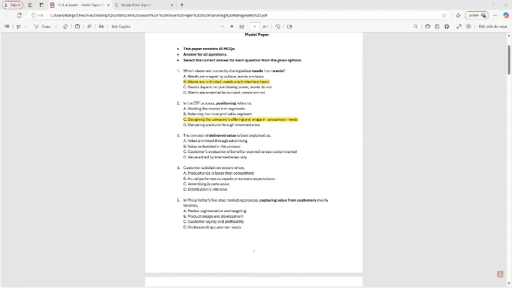Go to the bottom, you can see positioning here, segmentation, targeting, steps in targeting, niche marketing and everything. Here you can see the definition of positioning: the act of designing the company's offering and image to occupy a distinctive place in the mind of the target customer. So that is the answer.